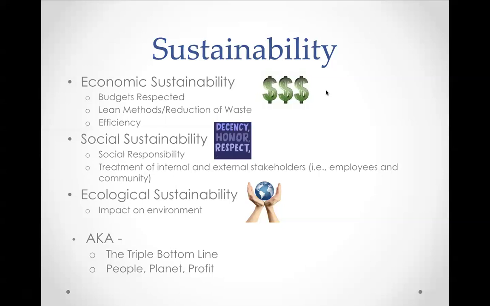If I say, what makes a sustainable business model? Oftentimes you hear money. The business has money. They're keeping their money in terms of growing their business. They're being efficient. They're respecting their budgets. They're making money and being profitable. In terms of social sustainability, that's really how we treat people as businesses.